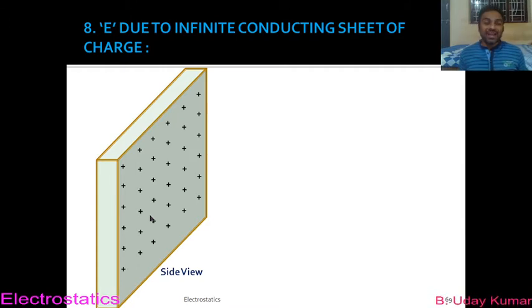For understanding the derivation part, I have drawn its thickness as a finite distance. So this is how the infinite conducting sheet of charge looks when we see it from the side. We call this the side view of the infinite conducting sheet of charge.